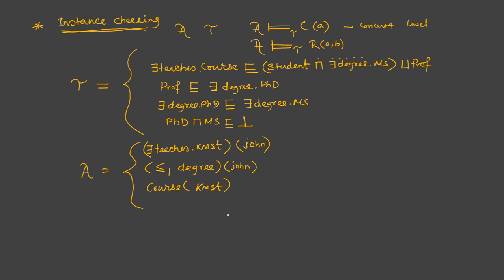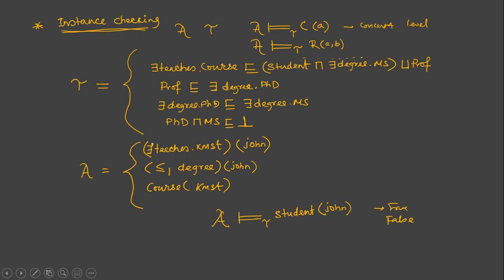So from these two, we want to check whether John belongs to the class student. So what we are trying to check is that A entails the fact that John is a student, with respect to the T box T. So either it will be true or false, right?